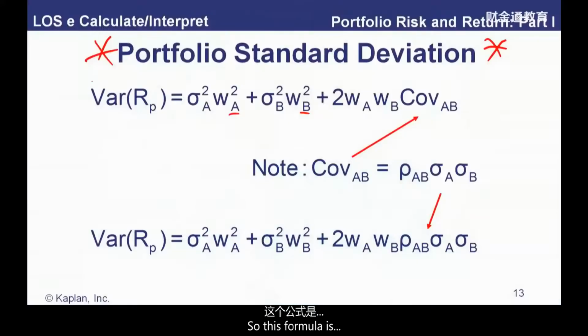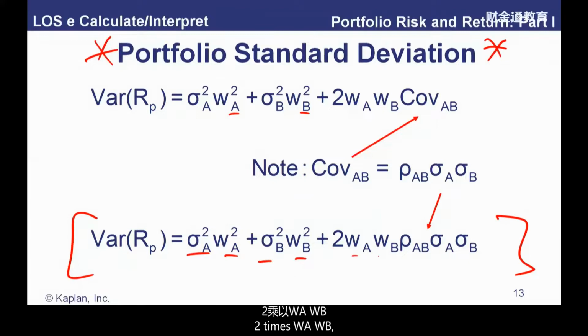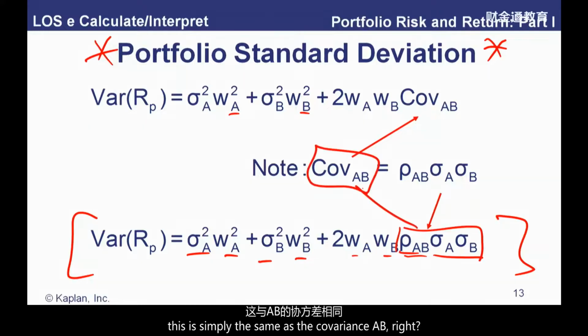So this formula is, this is actually the way I think of it. Okay, so it's going to be the variance of A times the weight of A squared plus the variance of B times the weight on B squared, plus 2 times WA, WB, the correlation, and the product of the standard deviations. Notice that this, okay, is simply the same as the covariance AB, right? We just saw that 2 slides ago.